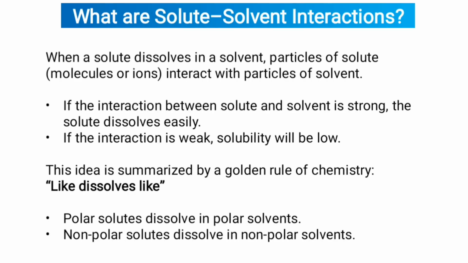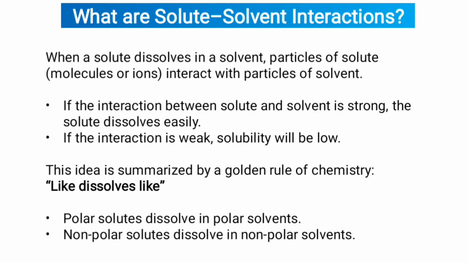Now, what are solute-solvent interactions? For a student, when a solute dissolves in a solvent, particles of solute, whether molecules or ions, interact with particles of solvent. If the interaction between solute and solvent is strong, the solute dissolves easily.